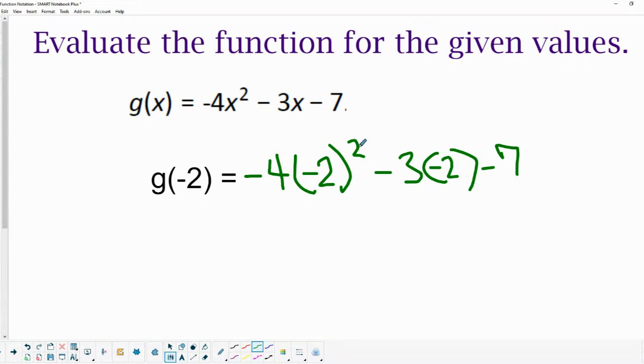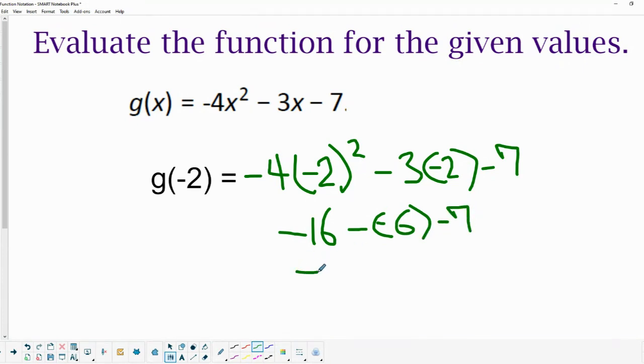So -2 squared would be -2 times -2, which is 4. And 4 times -4 would be -16. So our first term would be -16. And then 3 times -2 is -6. So we would have minus -6, subtract 7.